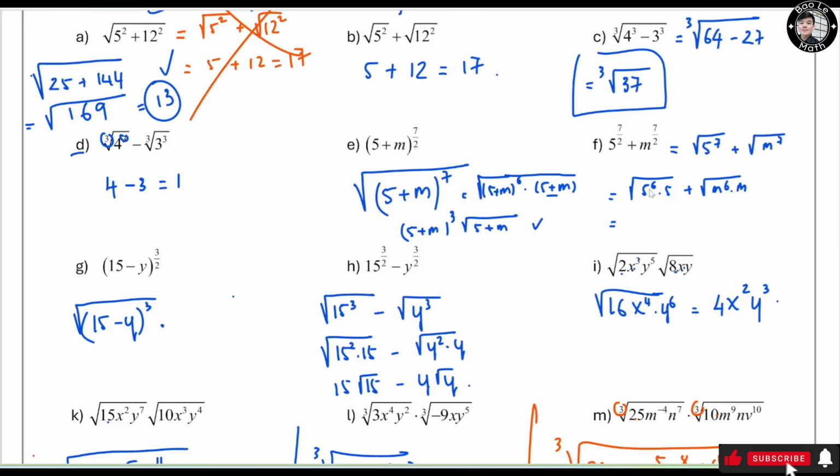Now, the square root of 5^6, bring it outside, it could be 5 cubed times the square root of 5 + m cubed times the square root of m, right? And 5 cubed is 125 root 5 + m cubed root m, right?